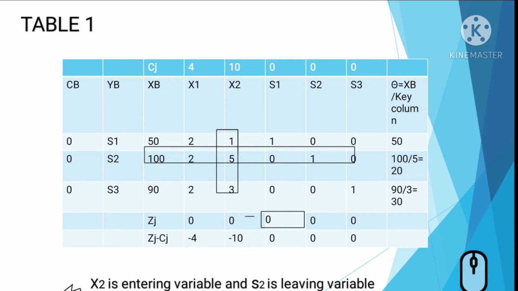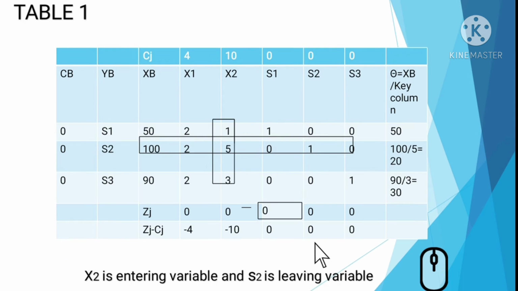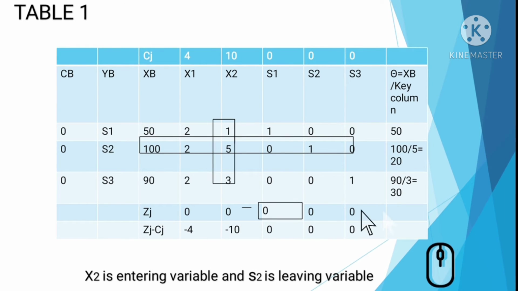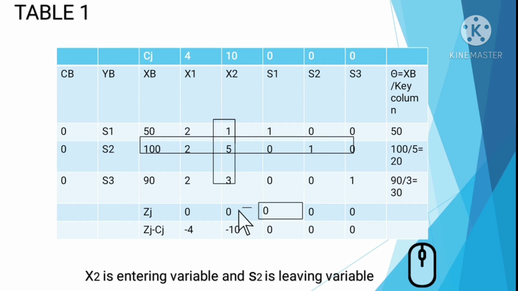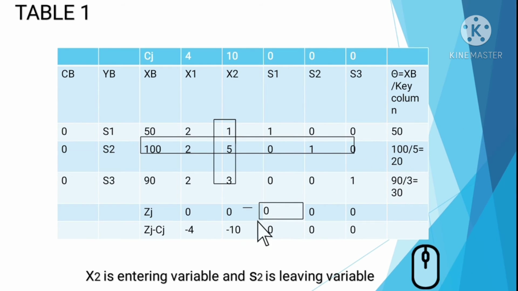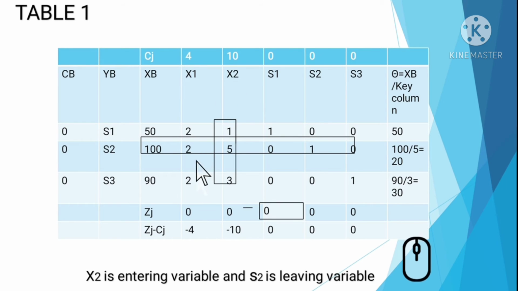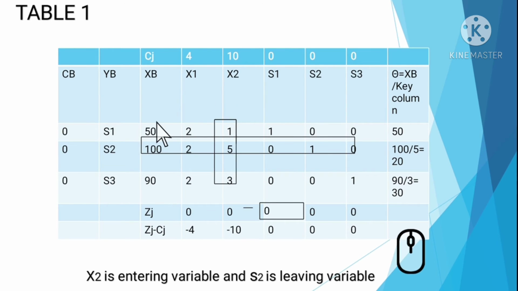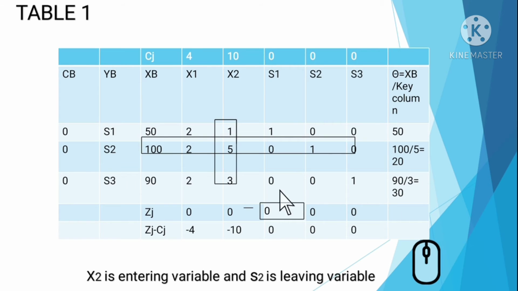So X2 is the entering variable and S2 is the leaving variable. X2 is called the key column and S2 is called the key row.